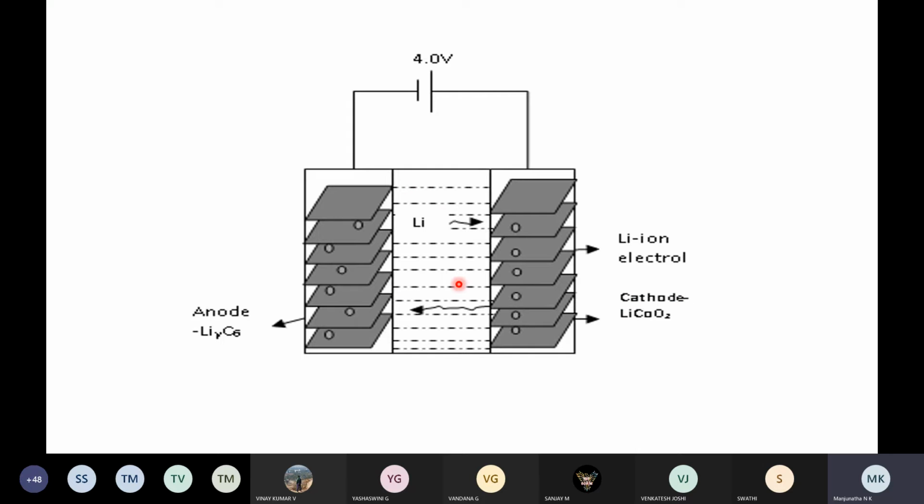Another one is the electrolyte, that is lithium salts dissolved in organic solvent. Another one is the separator, that is polypropylene.